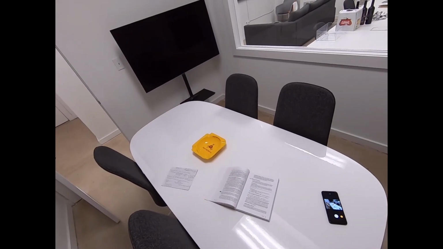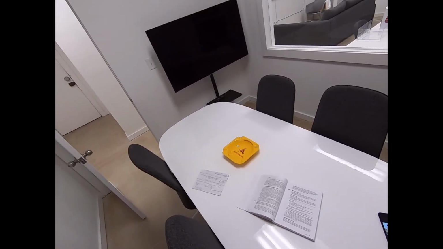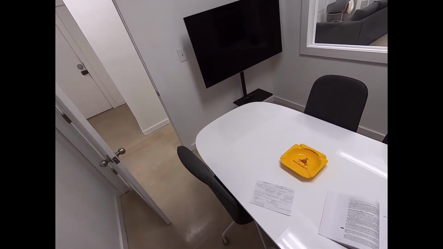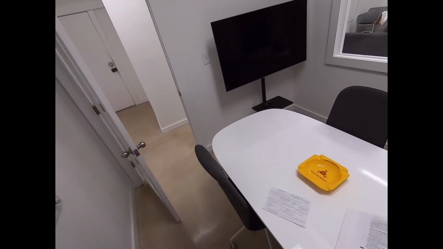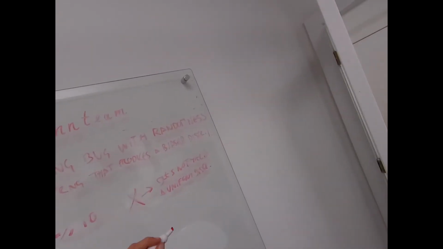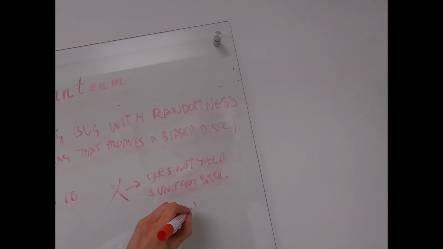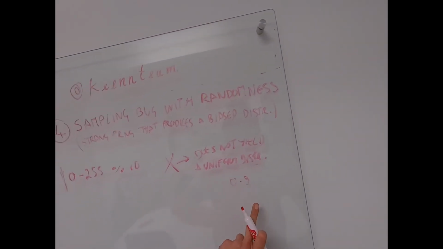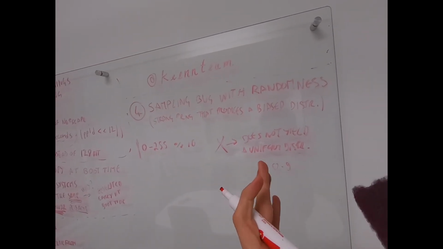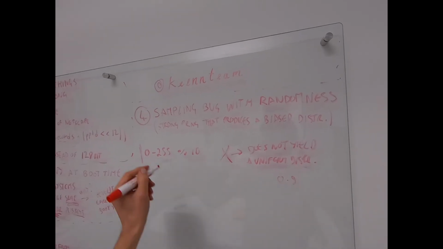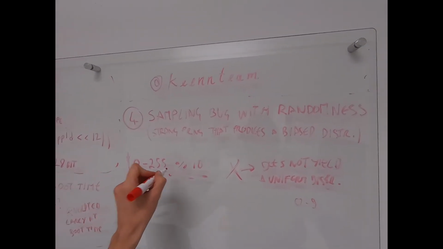By uniform distribution I mean that there needs to be, more or less, an equal amount of zeros, an equal amount of ones, an equal amount of twos and threes, etc. But that wasn't the case if you do this, okay?